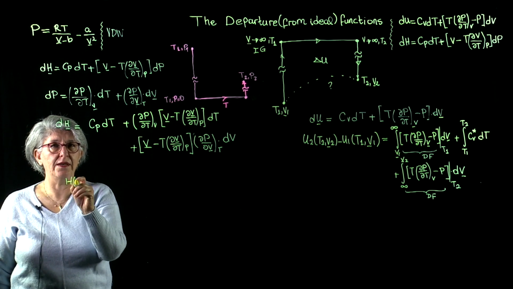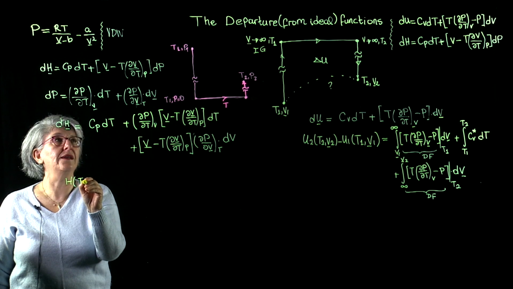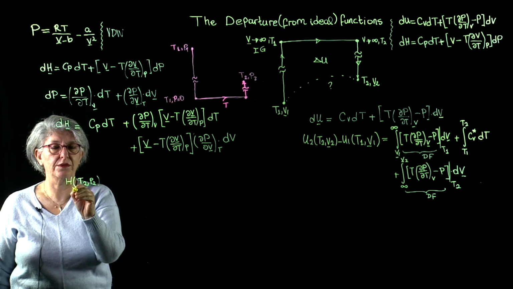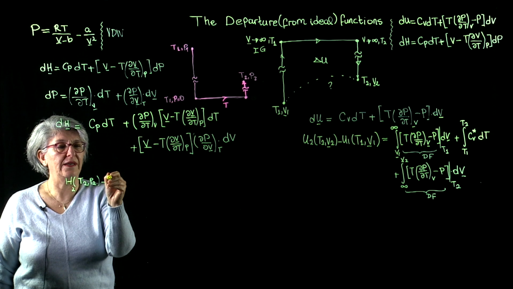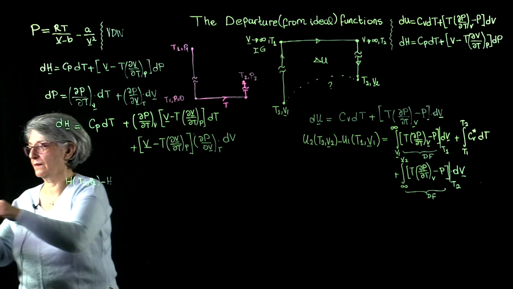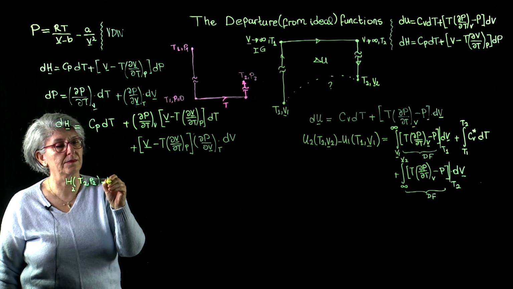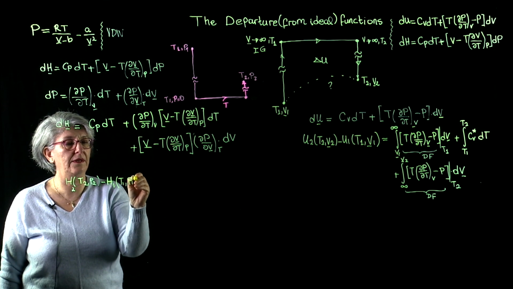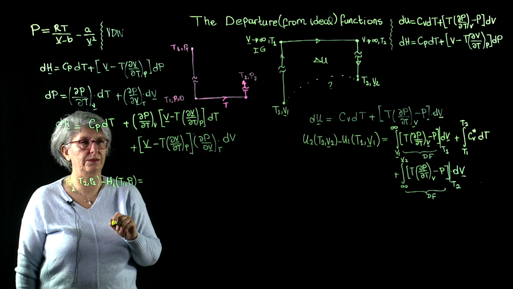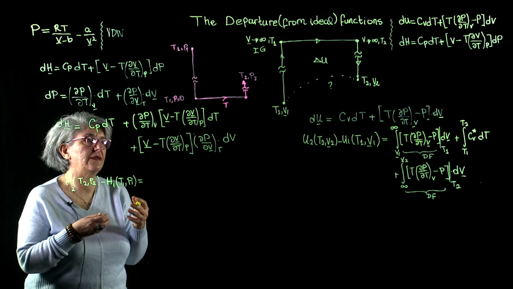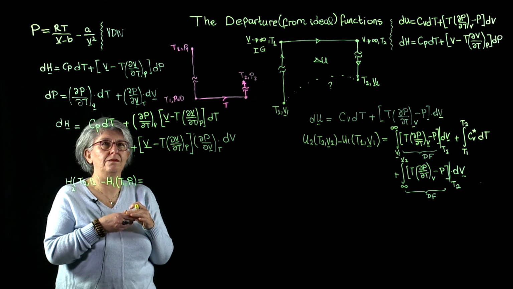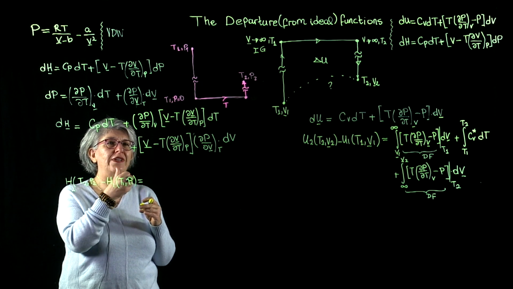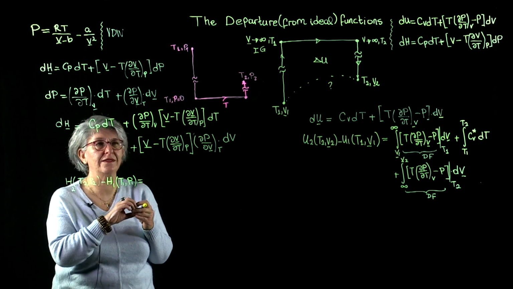H at T2, P2 minus H1 at T1, P1 is equal to, first I have to take my system from the real fluid domain to the ideal gas domain at constant temperature.